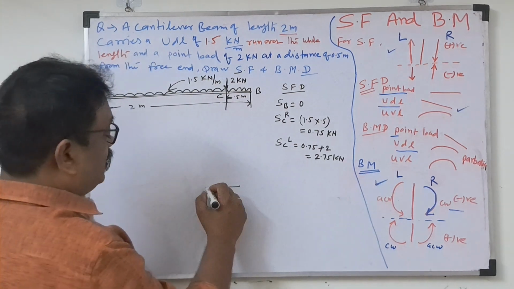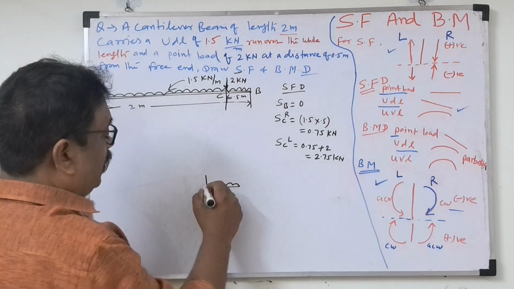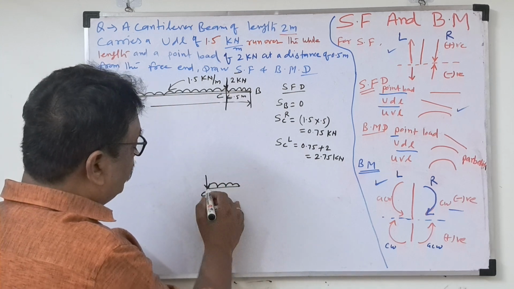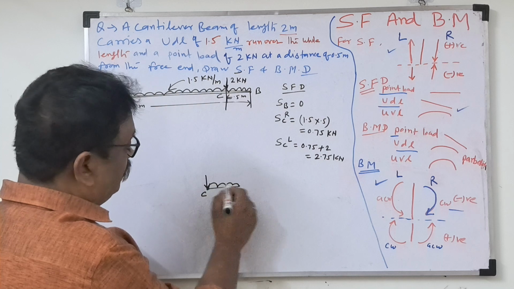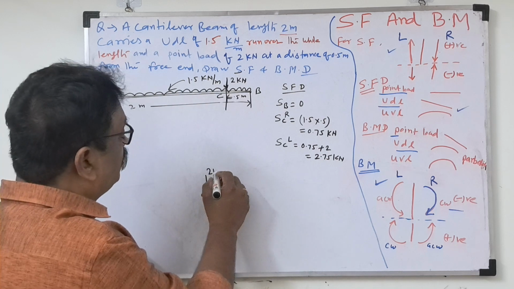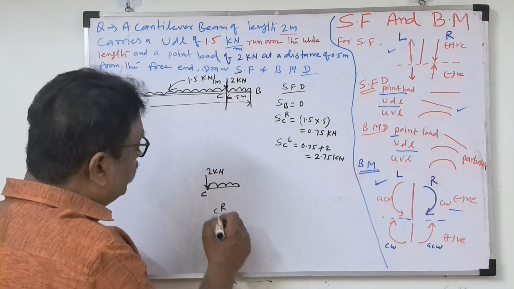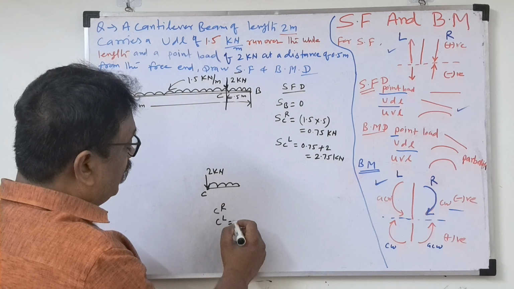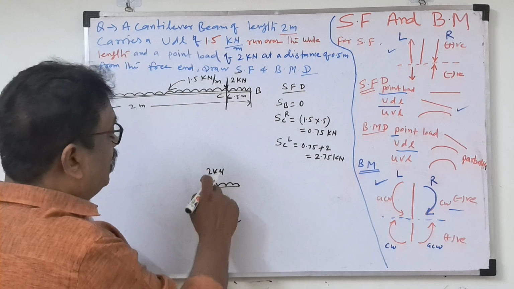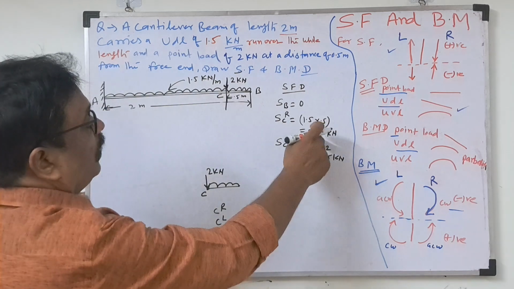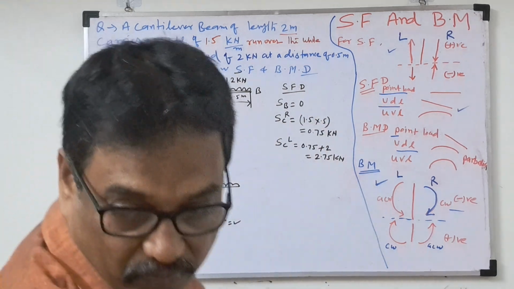Suppose this UDL is there and here one load is there at point C. CR means just after C, and CL includes this 2 kilonewton load also. UDL and point load we have to include in L, but in R, just after the point, only 0.75. This is the concept behind this.